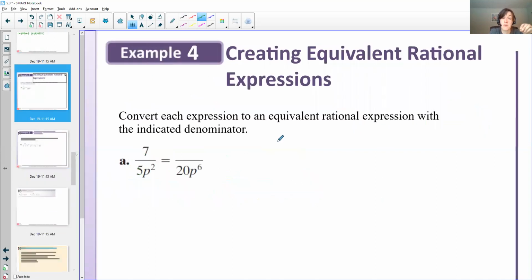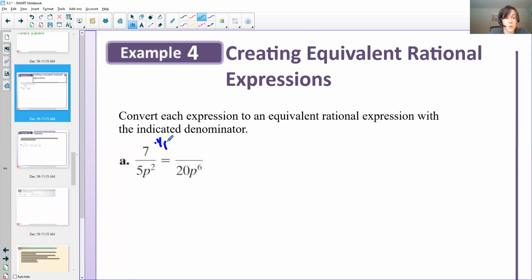So equivalent rational expressions is really just making the denominator common. It's what we've been looking at the last couple of steps. It's just sort of laid out here. Okay, so I want to turn 5p squared into 20p to the 6th. What do I do to do that? Well, I have to turn 5 into 20 and multiply by 4. I have to turn p squared into p to the 6th.